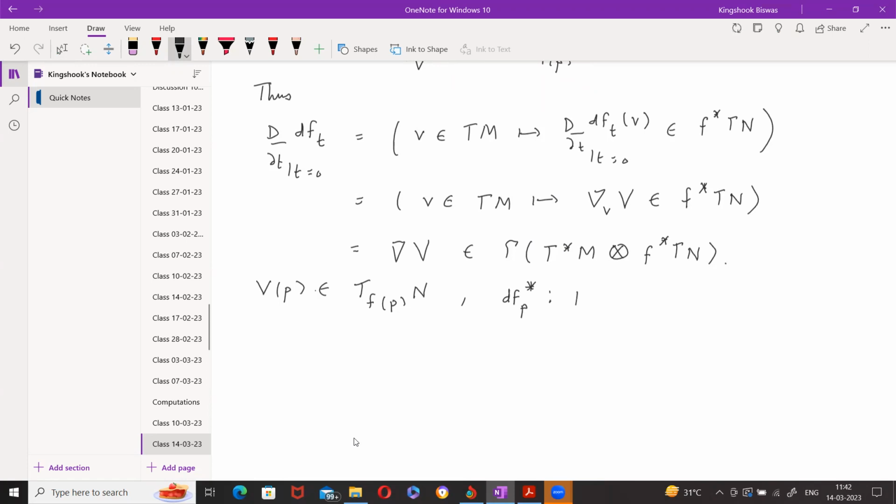The adjoint goes in the opposite direction, from TFPN to TPM. So I can define a vector field on M. X at P is defined to be dF star at P applied to V at P. This is an element of TPM, so X is a vector field on M.